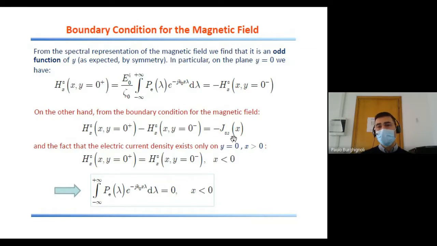So therefore, the magnetic field is 0 when x is less than 0. But since it is odd, then this means that the magnetic field must be exactly 0 when x is less than 0 on the upper plane.